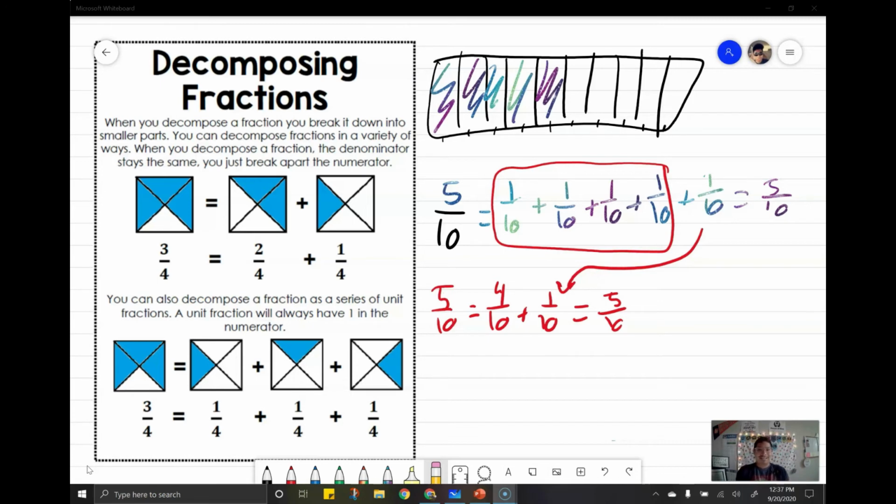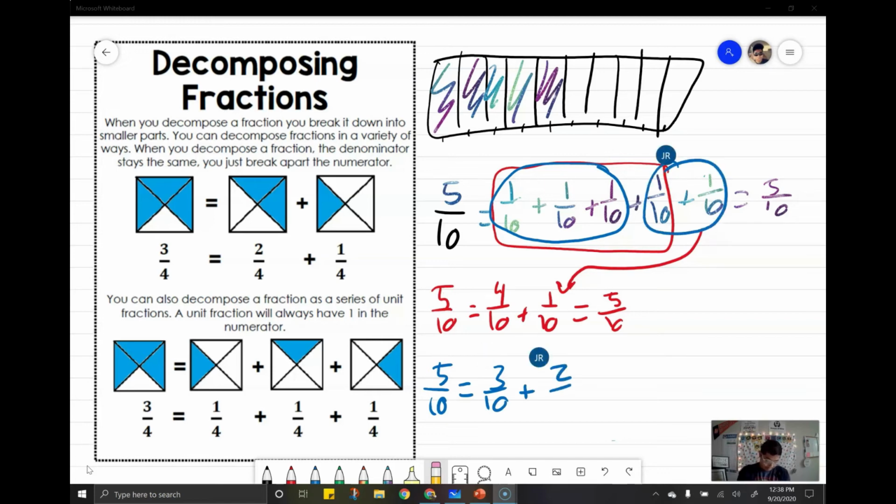Let's see. I'm going to give you a few seconds to go ahead and do that, okay? Okay, you finished? Let's compare. So what I did was I put these three together, 3/10, plus these two together, and that's 2/10.